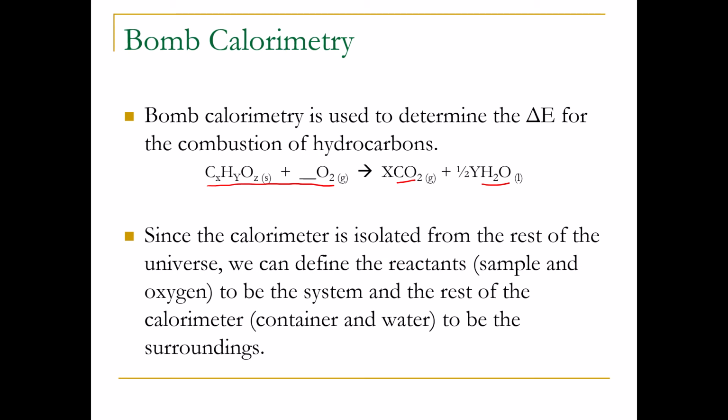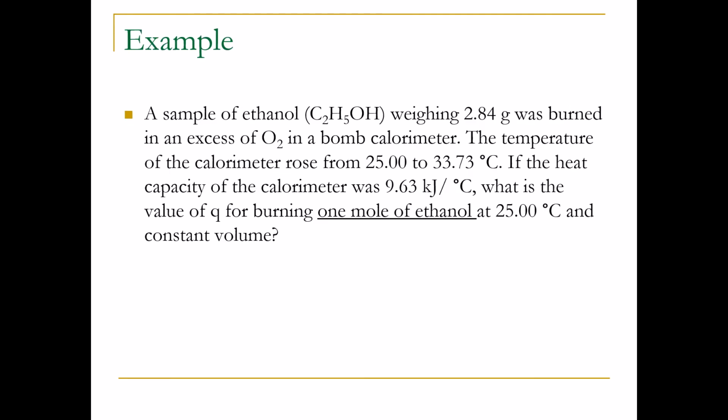For a calorimeter, the container or the calorimeter itself also is part of the surroundings. Because it's the isolated system, we can incorporate that into the surroundings as well. All right. Now what that typically means is we're going to have a heat capacity of the calorimeter.